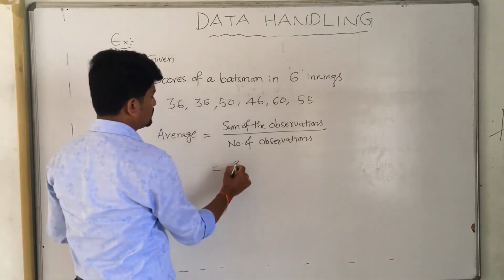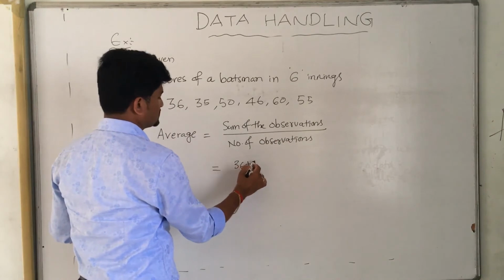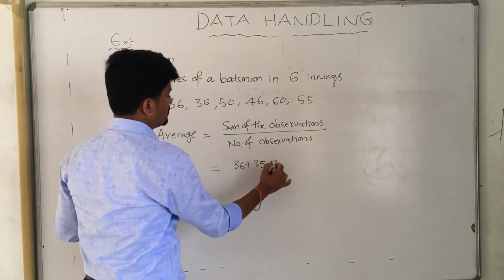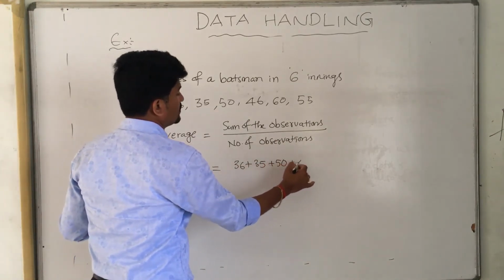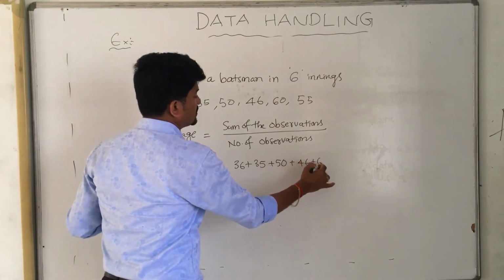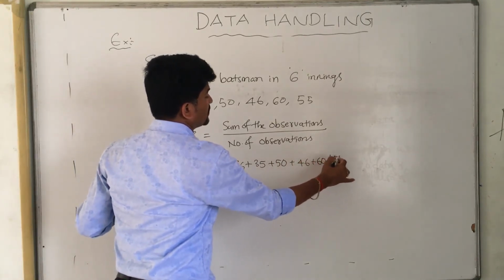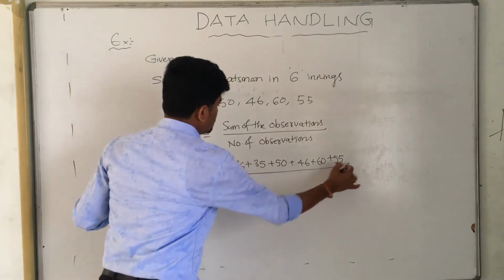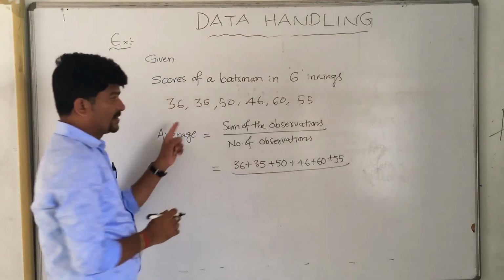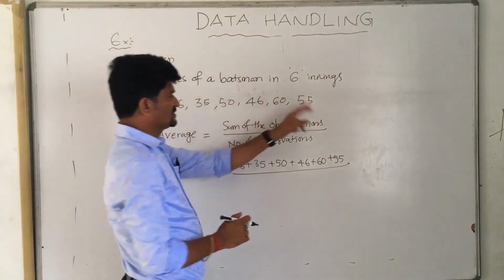What is the sum here? Observations 36, 35, 50, 46, plus 60, plus 55, by how many innings? 1, 2, 3, 4, 5, 6.